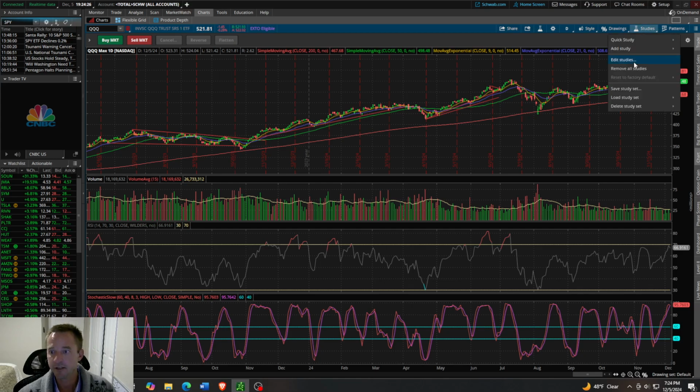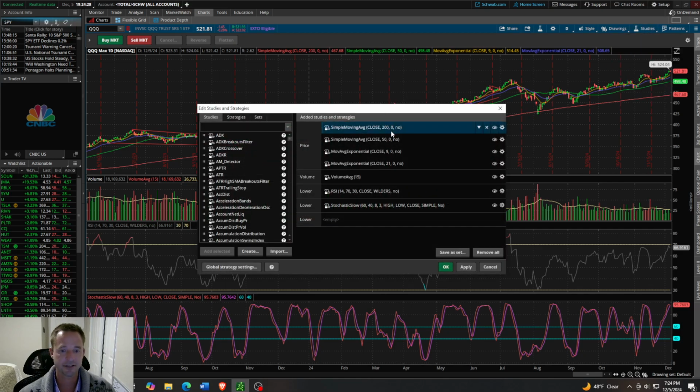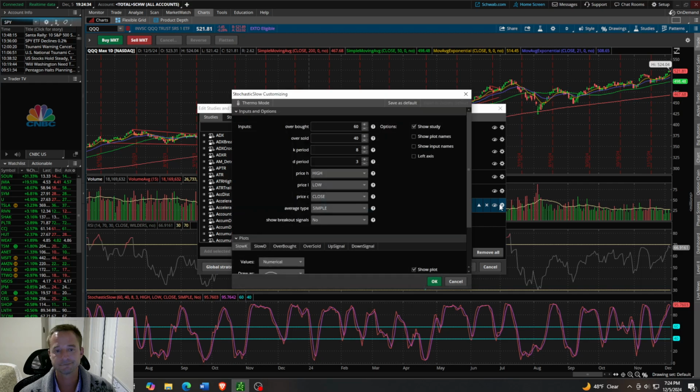so the studies here, we'll go edit study stochastic. It's a slow stochastic. He says in his book it's 60 overbought, 40 oversold. Again, I personally don't like those terms, overbought or oversold. It's just dumb.